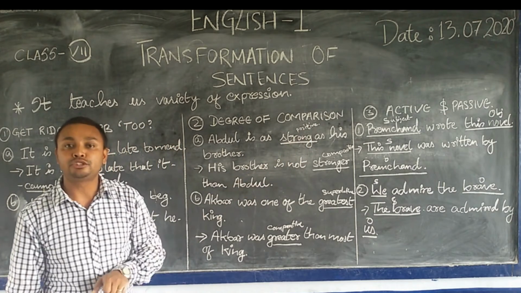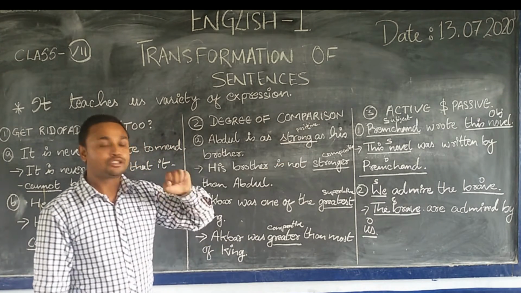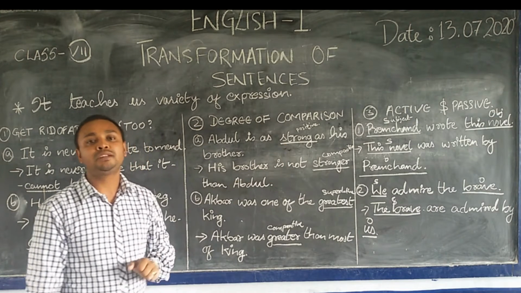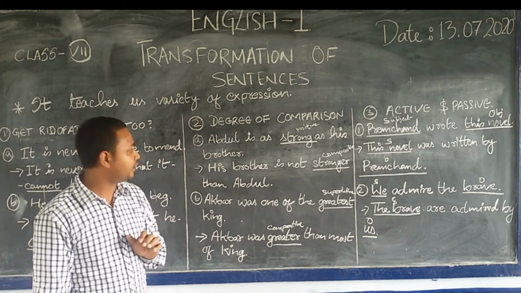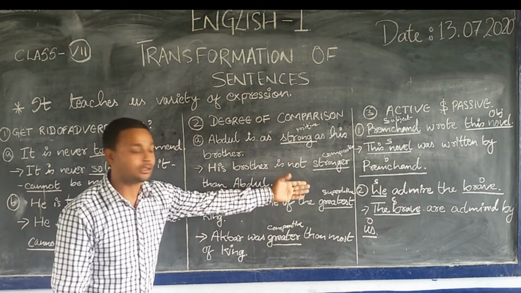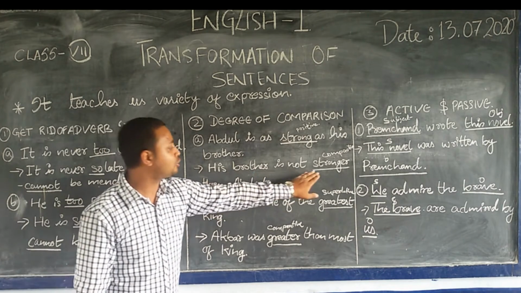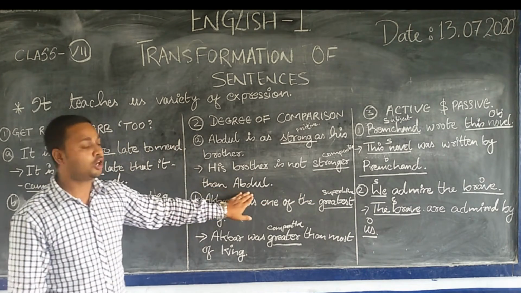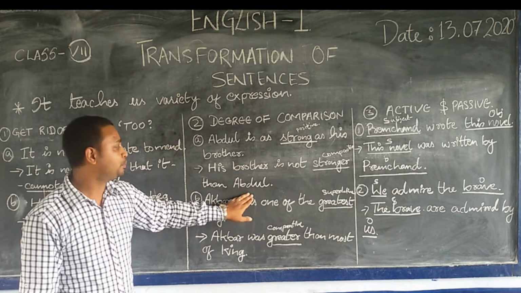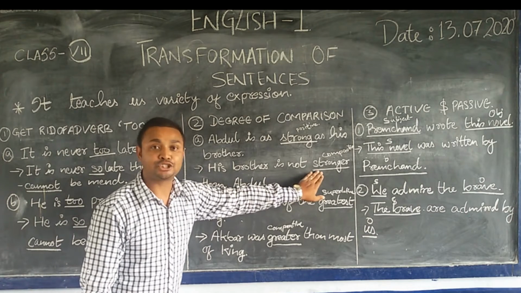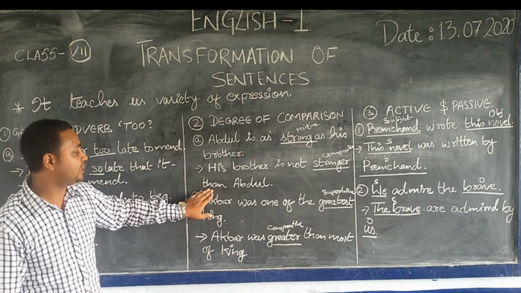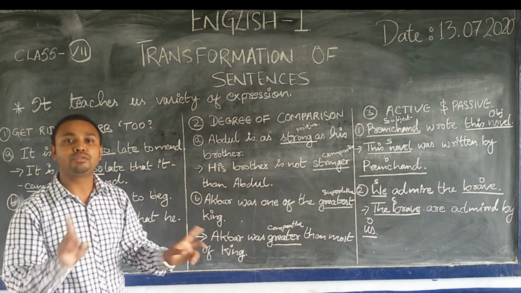The comparative degree of strong is stronger, and the superlative degree is strongest. Here in the answer we have made it a comparative degree: "His brother is not stronger than Abdul." Whenever you write a comparative degree, you have to pay attention to the word stronger, which will be followed by the word "than". This word tells you that you are comparing 2 things.